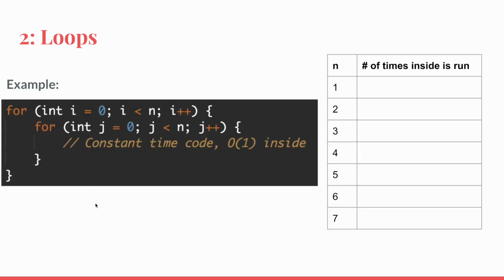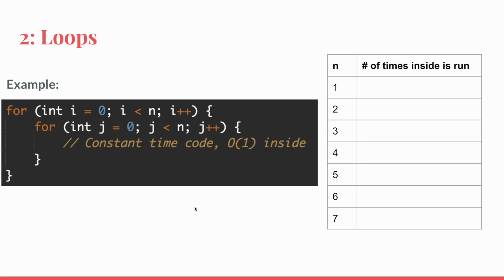Let's go over another example of loops to make sure we understand the concept. In this code snippet, we have a loop running from 0 to n with another loop running from 0 to n inside of it. To understand this time complexity, let's make a table with different values of n and how many times the inside portion of the code, where the comment is, runs.